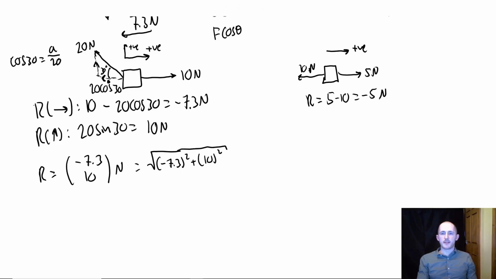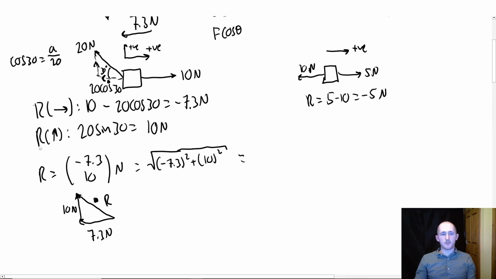Which again should make sense, because remember, we have a component of the force going this way and a component going this way. This component is 10, this component is 7.3, and whenever you're working out the resultant force, you're just working out the hypotenuse of that triangle. Like that. So all we're doing is adding the vectors together.